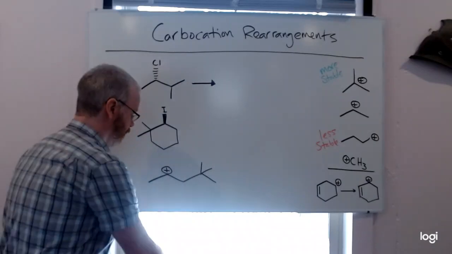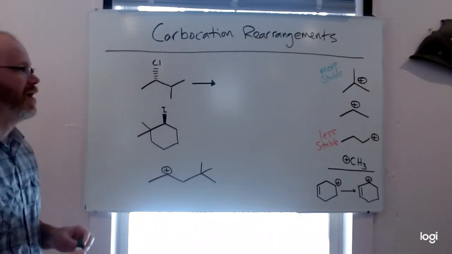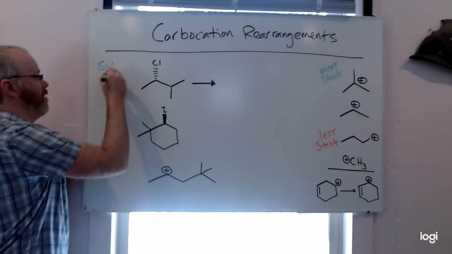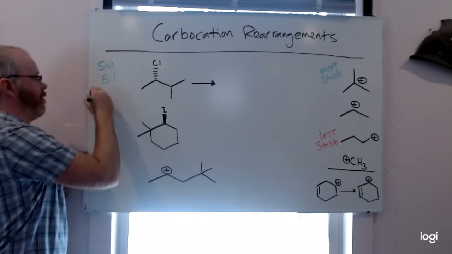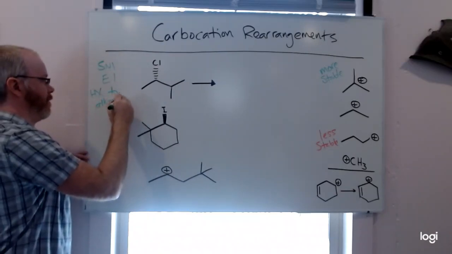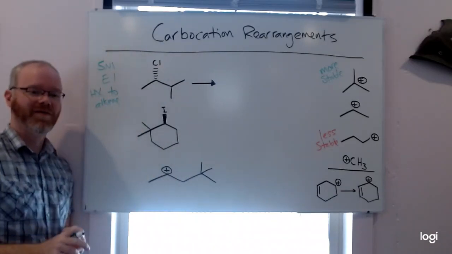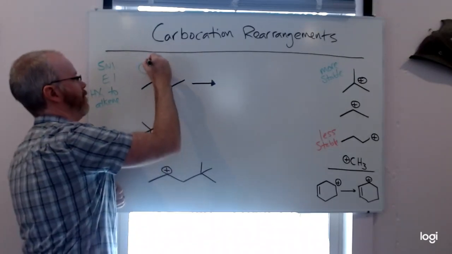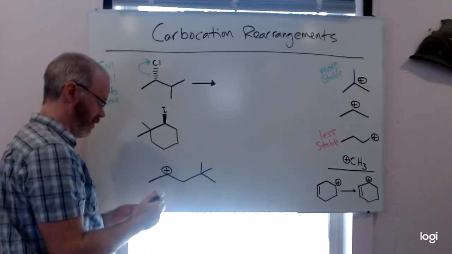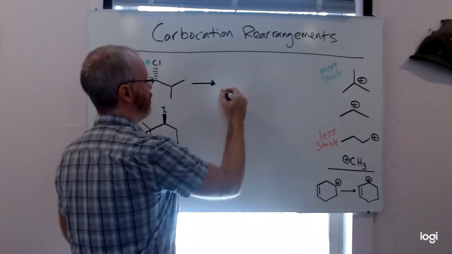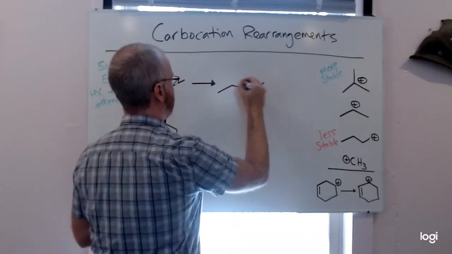So common mechanisms that you might have to look out for, something like an SN1 or an E1 or an addition to an alkene. Those all have potential for carbocations and rearrangements. So if our first bond breaks, say it's an SN1 overall, we're not going to do the whole mechanism.